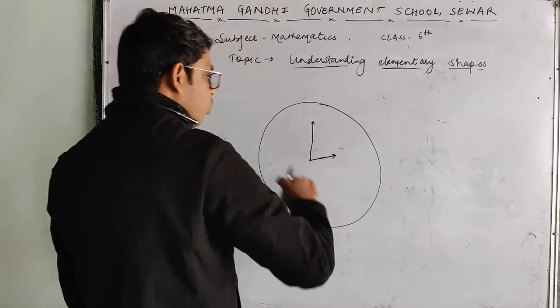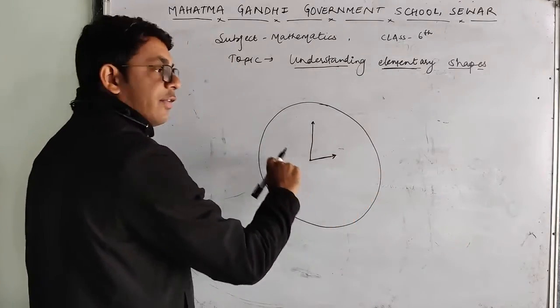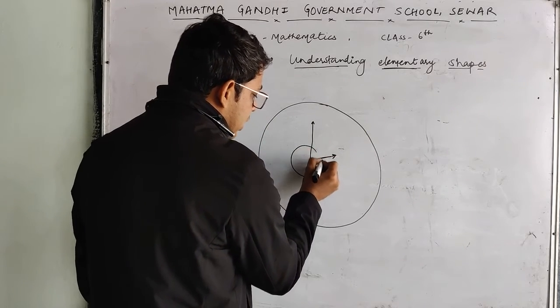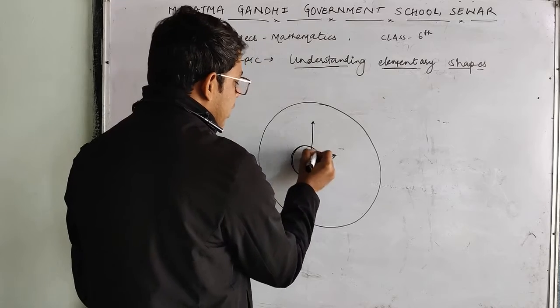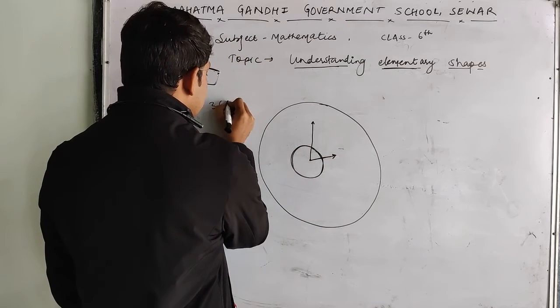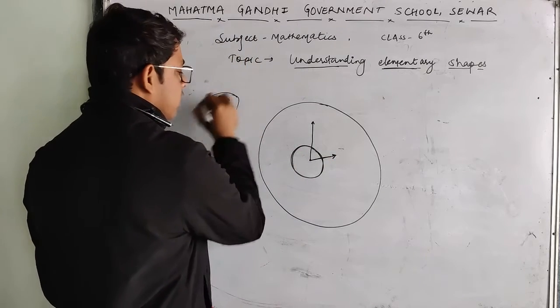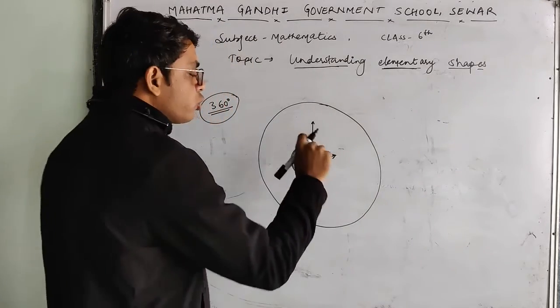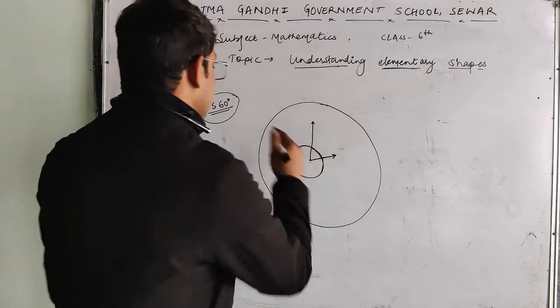As this moves, it will create different types of angles. The whole measurement of this angle will be 360 degrees. So whatever angle comes out, it should be below 360.